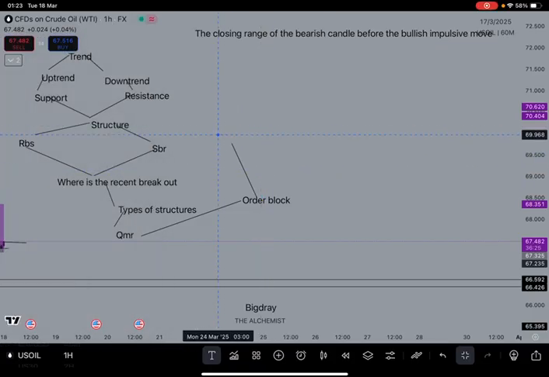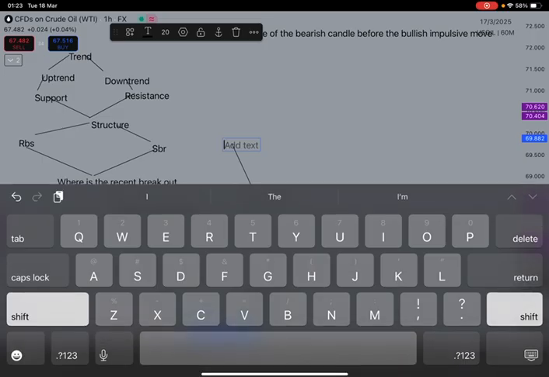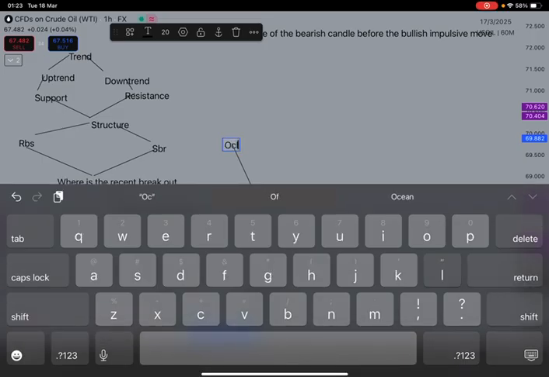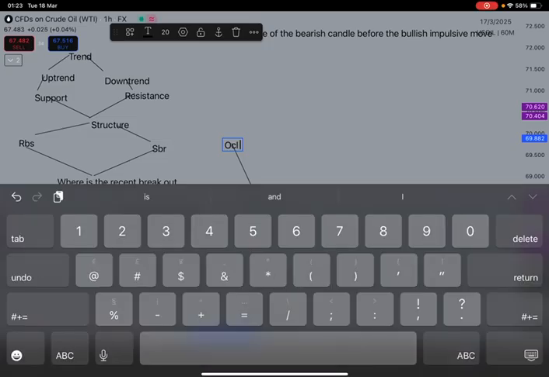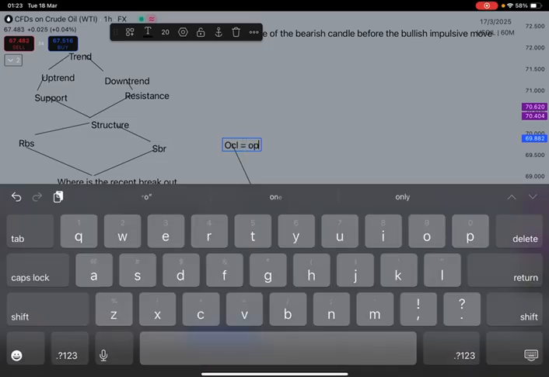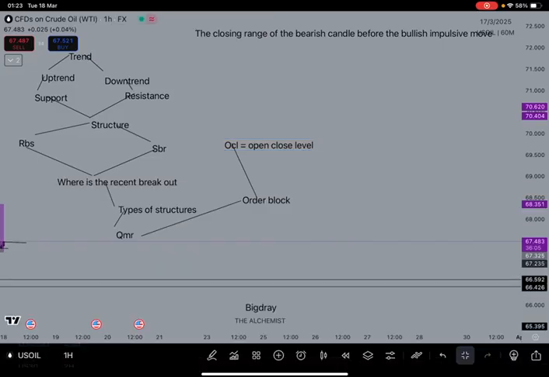Open close level. Can you see? That's the meaning of OCL.